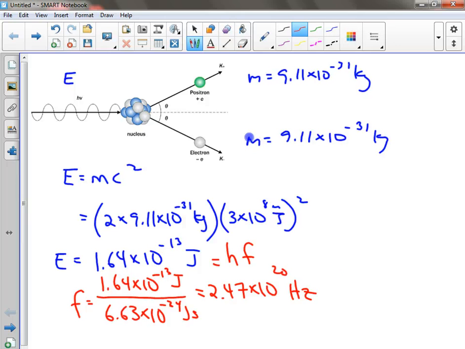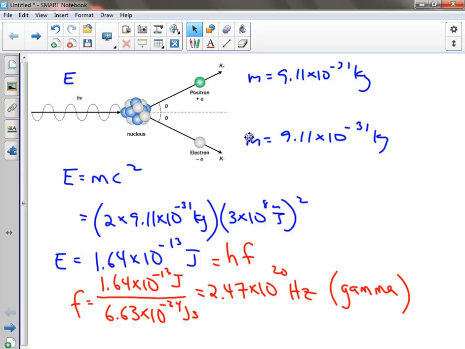So this is gamma radiation. Okay, so basically the energy of the photon turns directly into the mass of both an electron and a positron.